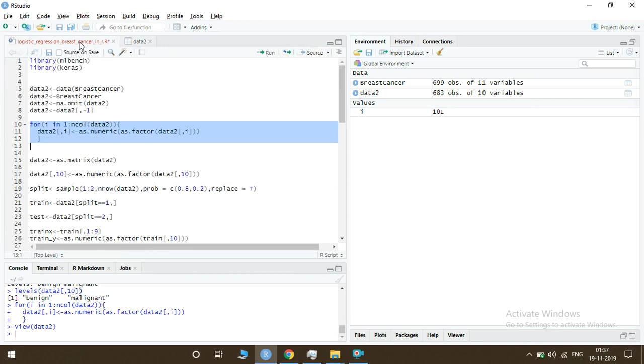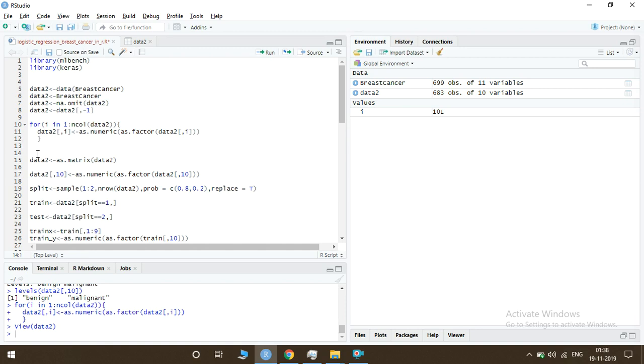So for general purposes, whenever you are dealing with any character or categorical variable, you have to run this for loop. Next, what you have to remember is TensorFlow.